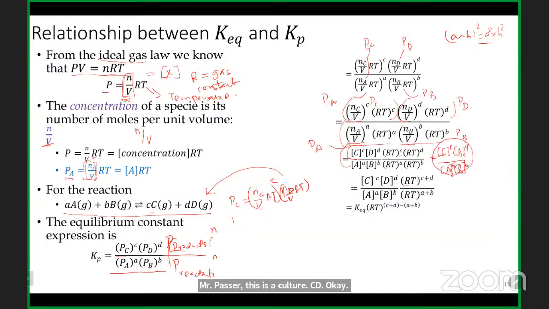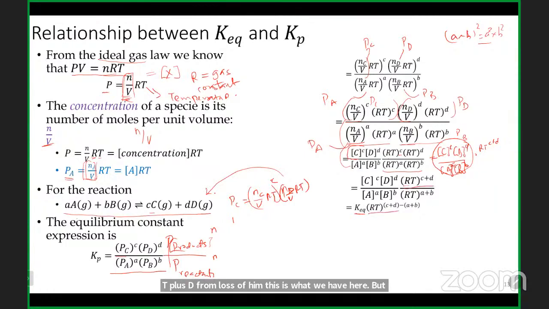This whole expression is the equilibrium constant that we've defined earlier. And then on this other side, RT raised to the power c plus d minus a plus b, from laws of indices, which is what we have here.